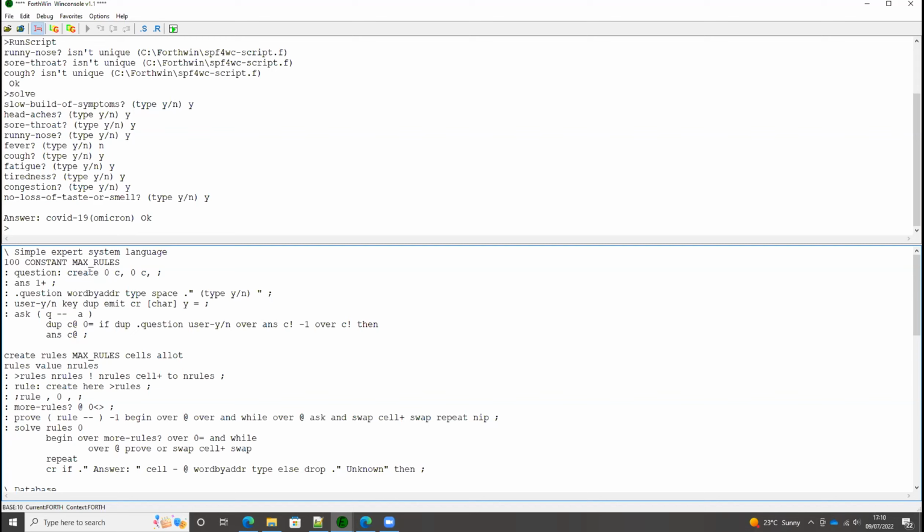And what we do is we define in this word question. It's a data type. It's going to create something in the dictionary with 2 spaces. One is for the answer to the question, and the other is to say whether the question's been answered before. If a question has been answered before, we don't want to ask it again because that's tedious.